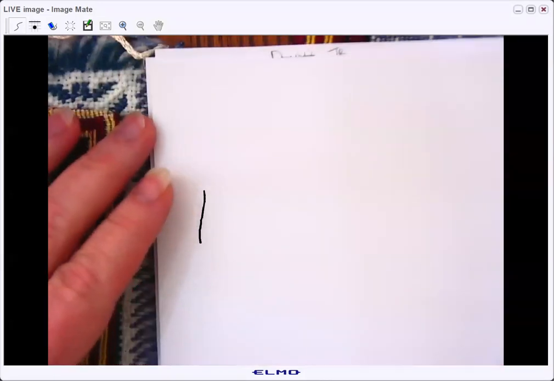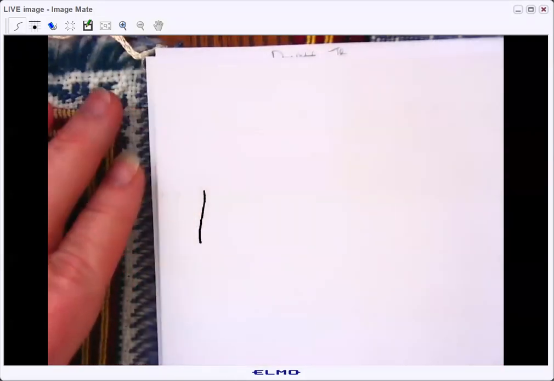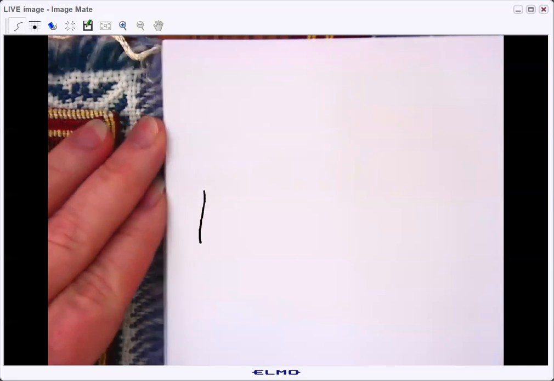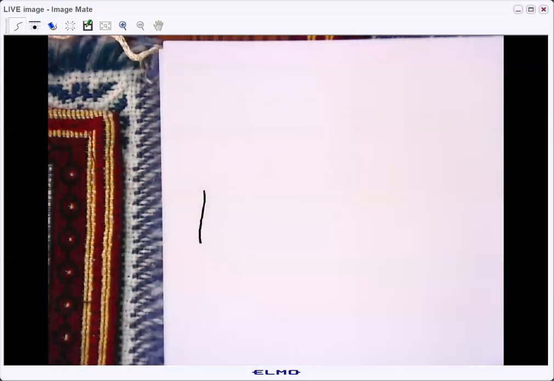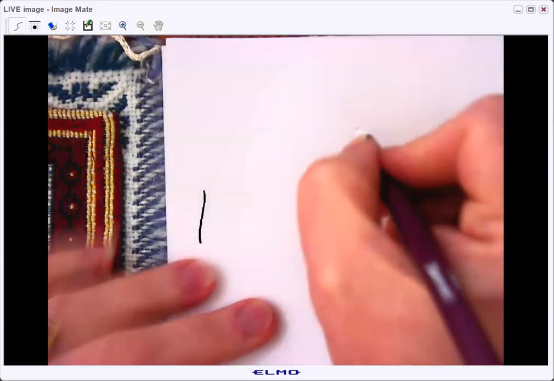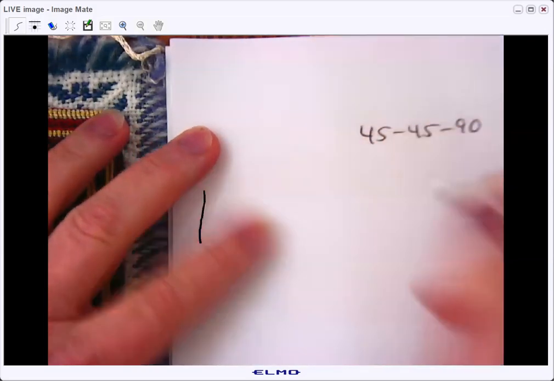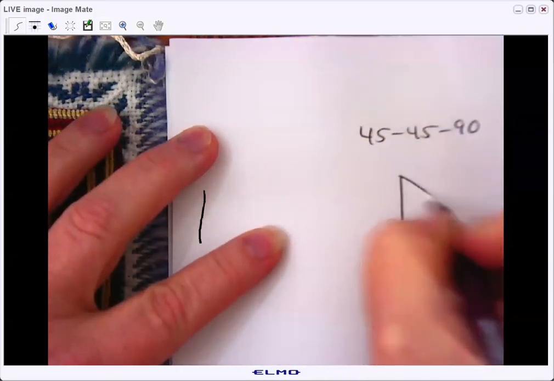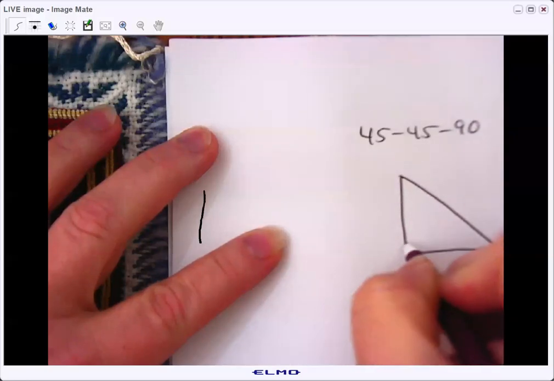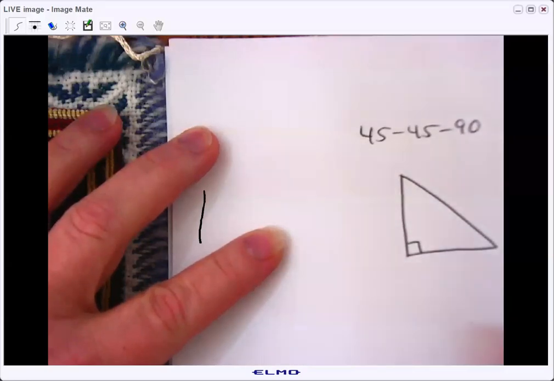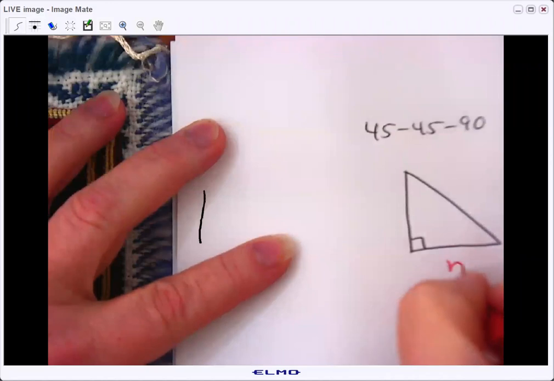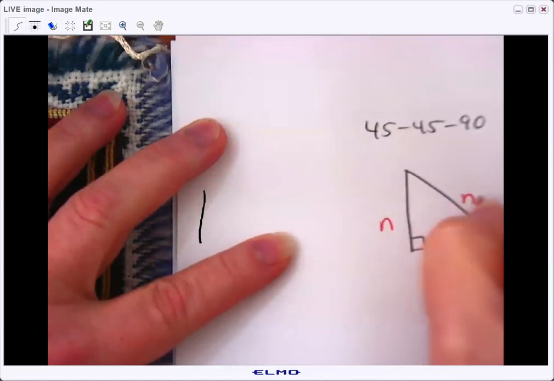This and trig functions are probably two of the key takeaways from geometry that you need for math later. So we're going to look at the 45 triangle. So this is going to be n, and n root 2.